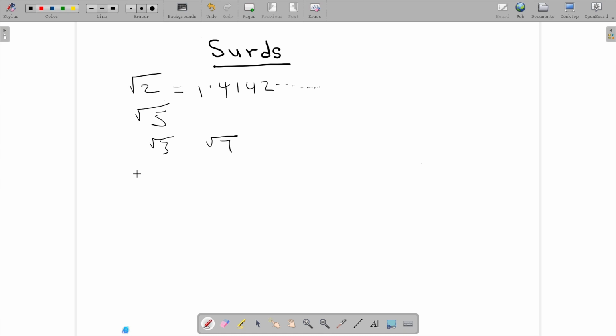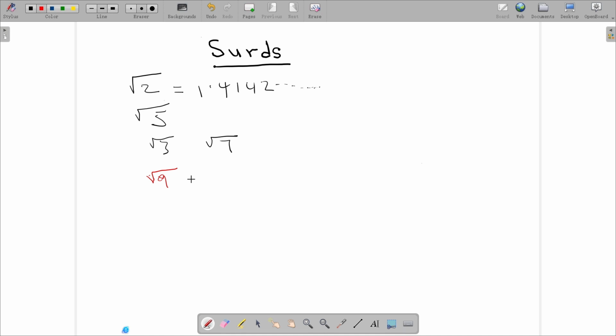So, what numbers are not surds? Let's consider a number like square root of 9. Square root of 9 is in a square root, but it's not a surd.